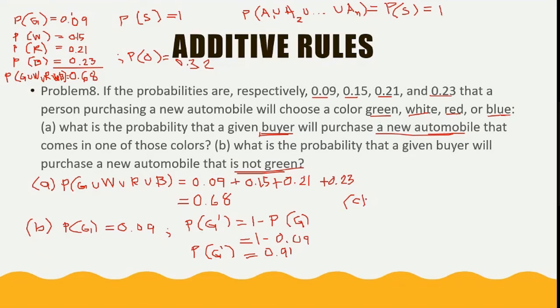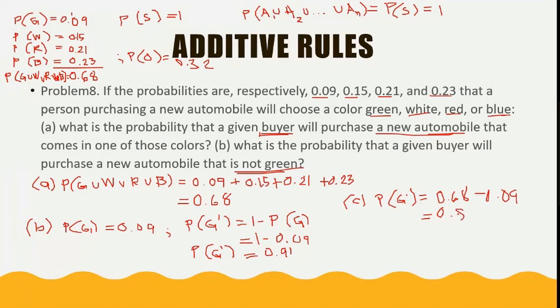So we can just say 0.68 minus 0.09, which is equal to 0.59.